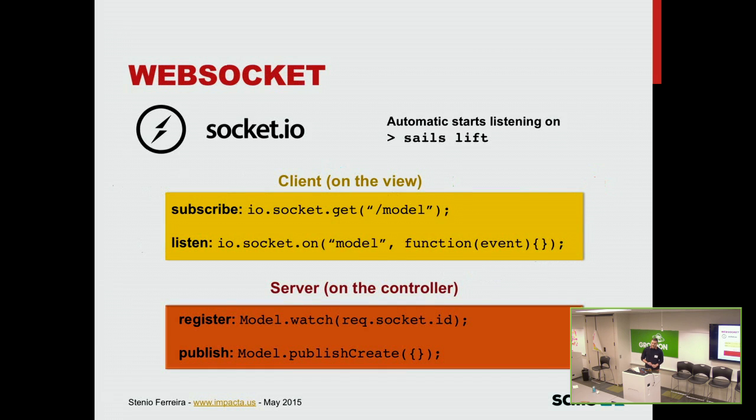The second technology I'd like to talk about is WebSocket. Sails comes out of the box with WebSocket support. Whenever you lift the Sails server, you already have a Socket.io server listening. If you have experience with Socket.io, it's pretty simple. On the client, you can subscribe and listen to events, and on the controller, you can register and publish events.